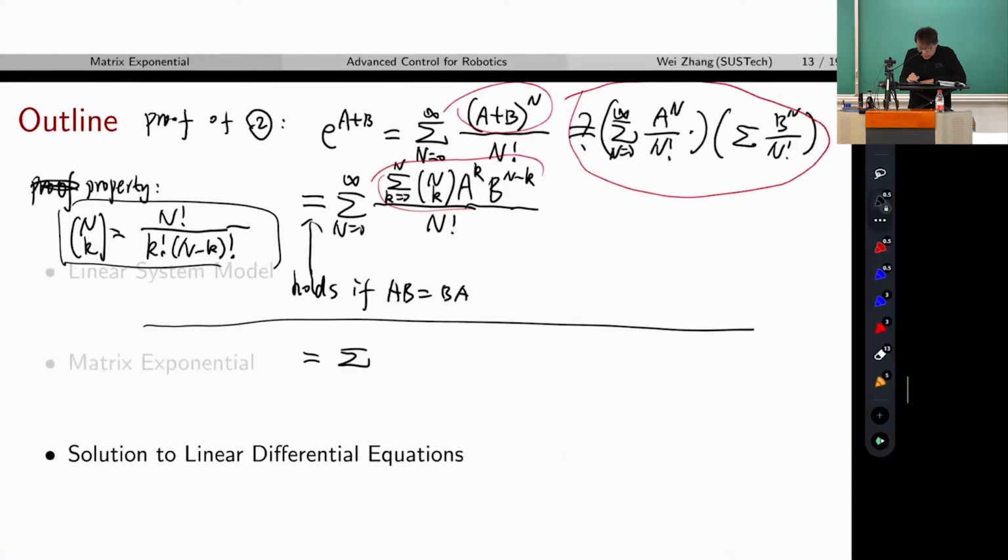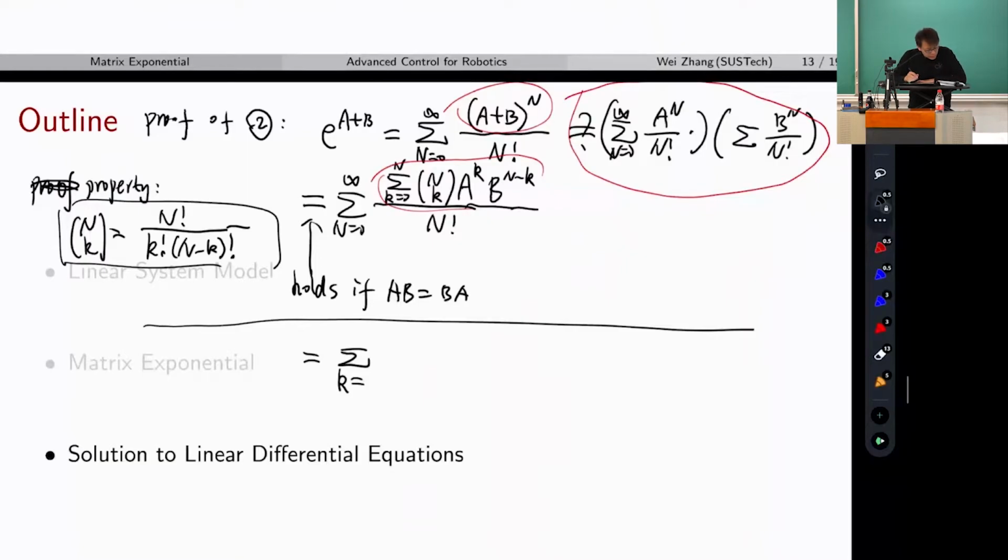Then we can swap this summation. If I want to sum over k first, because n can go from 0 to infinity and k from 0 to n, k is always less than n, right? But n can be infinity, so k can also be infinity. So if you swap this, there's some kind of trick there.